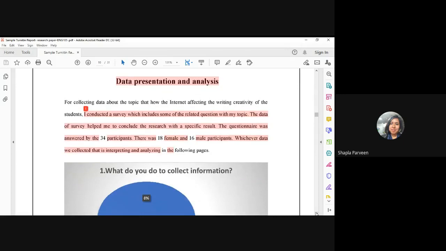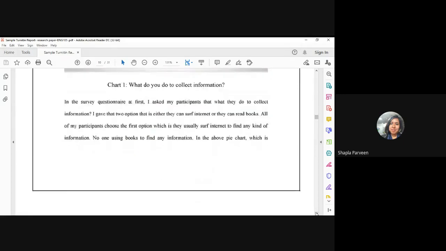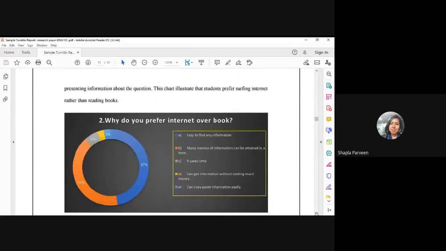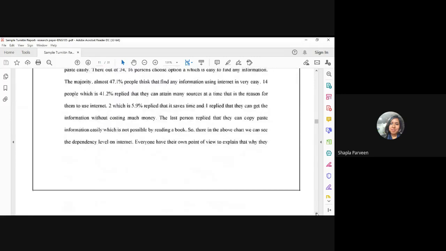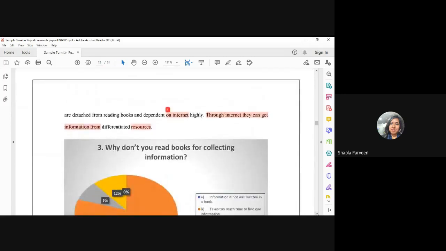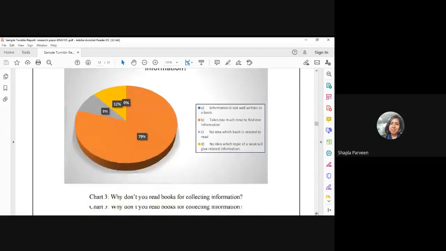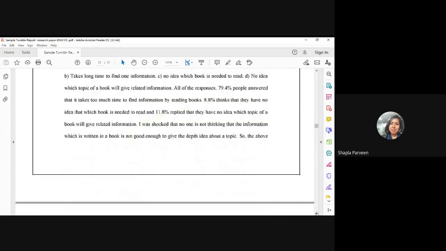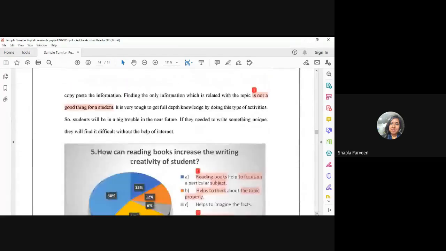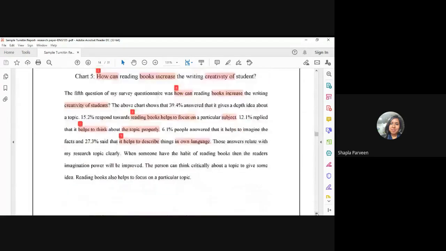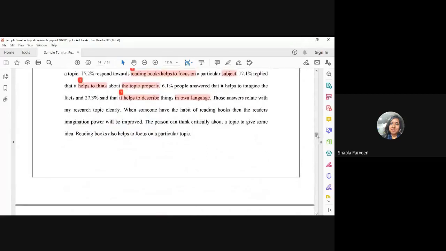So here you can see there's some similarity. Okay, these are okay, you can see. It's original, that's why there are no highlights here. Just a little bit. So this is good. Okay, so let me scroll down.